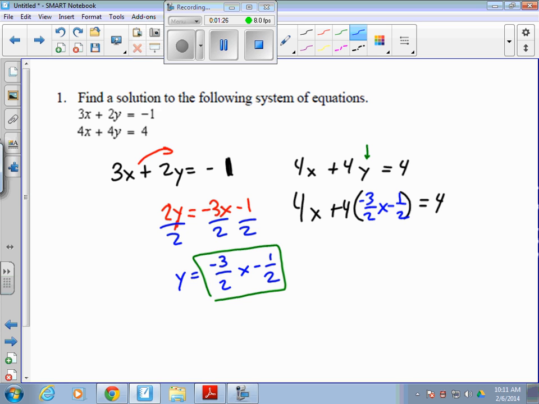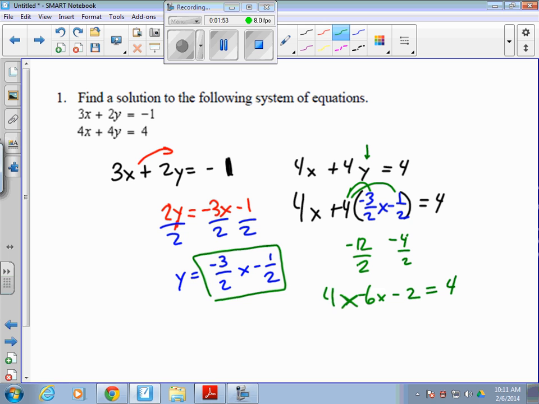From there, you need to distribute the 4 that's outside of the parentheses. 4 times that is negative 12 over 2, which we know is negative 6x. And 4 times that is negative 4 over 2, which we know is minus 2. So we still have 4x up front, and we still have equals 4 at the end. We got rid of the fractions doing that.